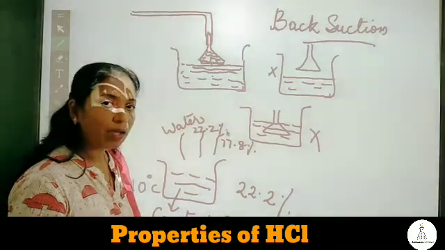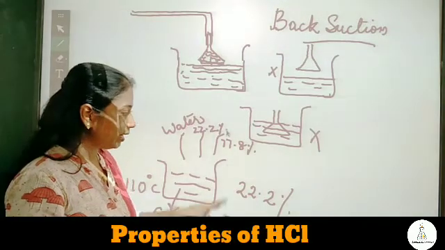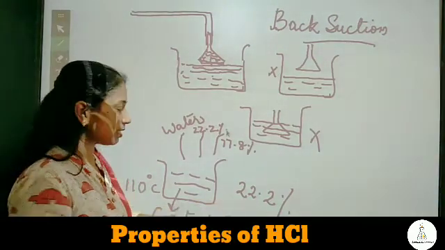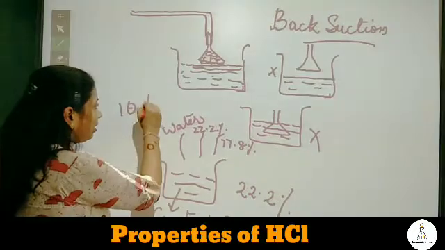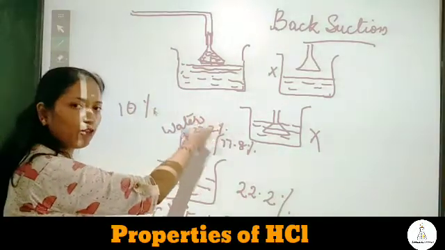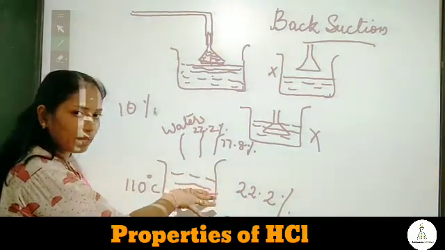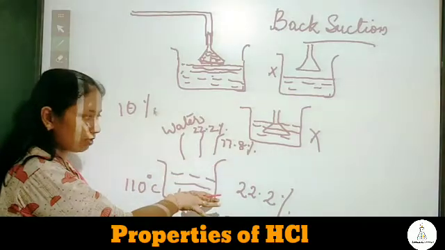constant boiling mixture or azeotropic mixture. Okay, so till 22.2%, if it is suppose 10% acid, then when you boil it, only water vapor will come out, and as a result the acid will go on becoming concentrated and more concentrated.